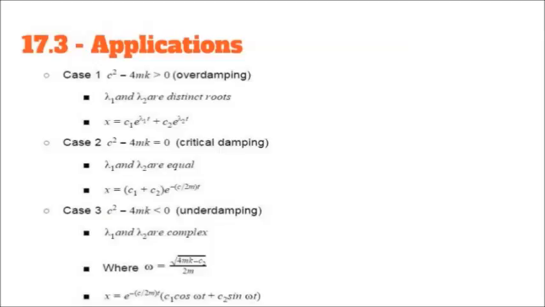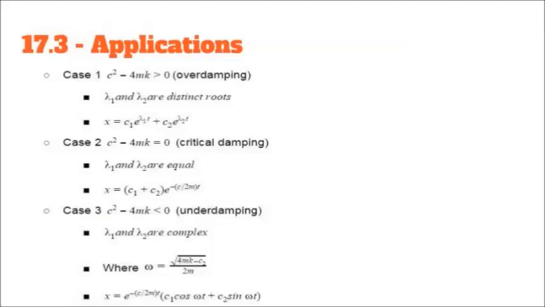So we get a solution of the form x equal to (c1 plus c2 t) times e to the power of negative c over 2m times t. And case 3 is where c squared minus 4mk is less than 0.